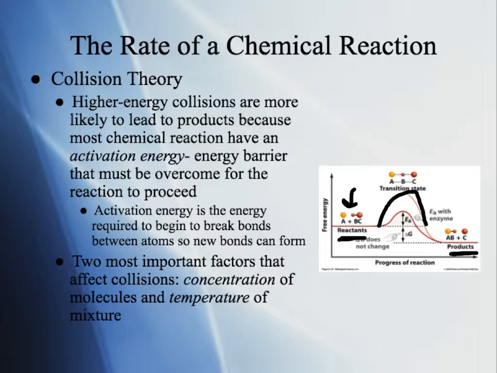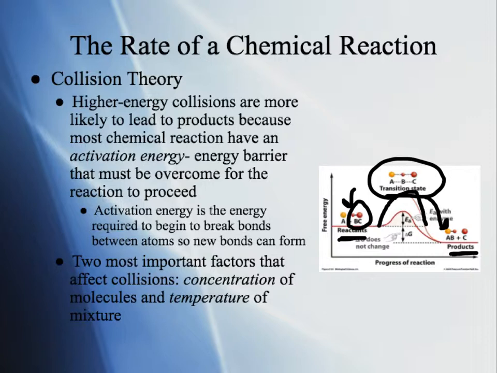In order to get them to react, we have to break the bond between the two atoms that make up our BC compound. The energy to do that is what we call the activation energy. Halfway through, we get this transition state where we've got all 3 broken apart. Now we can rearrange the atoms into new molecules to make our products in the end.